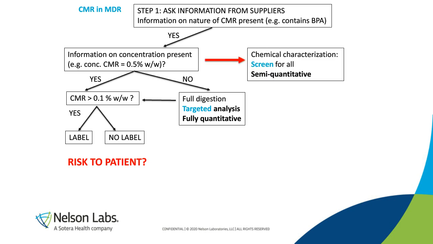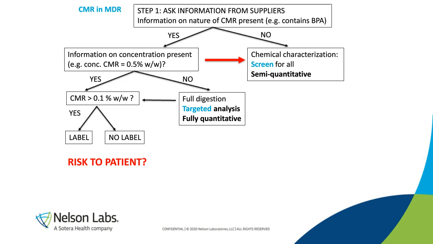Now, let's say we still want to screen too, even if the concentration information is there. We want to screen for any of these possible CMRs just to make sure that we're not having any surprises from, like I said, connectors, or maybe from processing that we may not know is there.